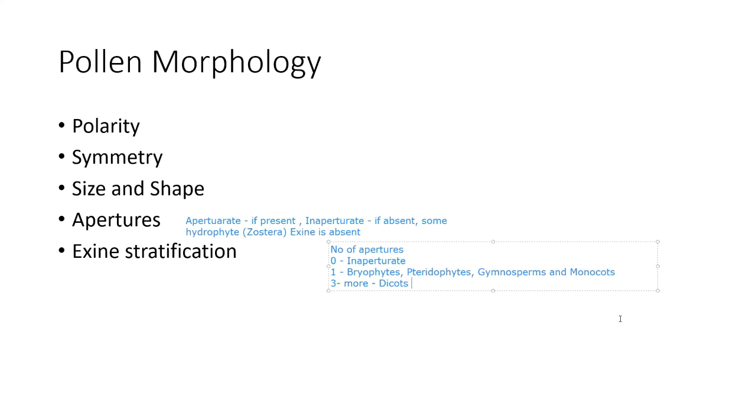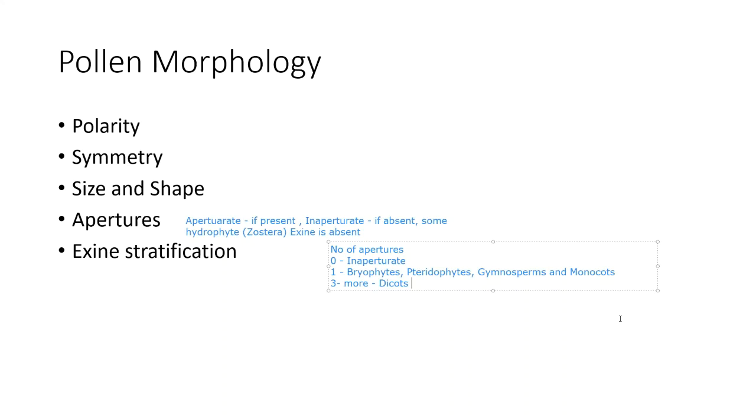And as far as the number of apertures is concerned, we have got 1 to many. Zero number, that is inaperturate. Bryophytes, pteridophytes, gymnosperms, and the angiospermic monocots have only 1, so they are monoaperturate.